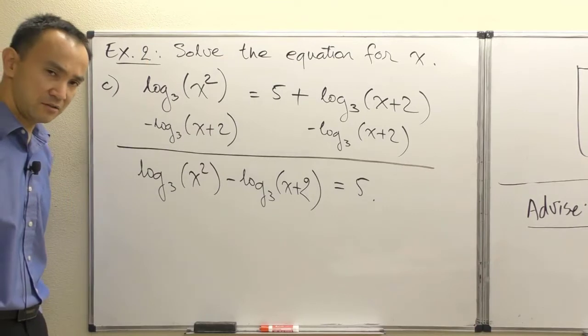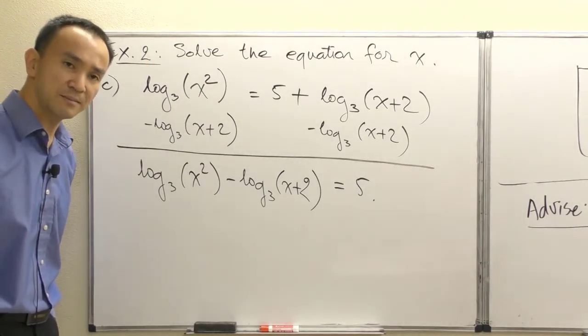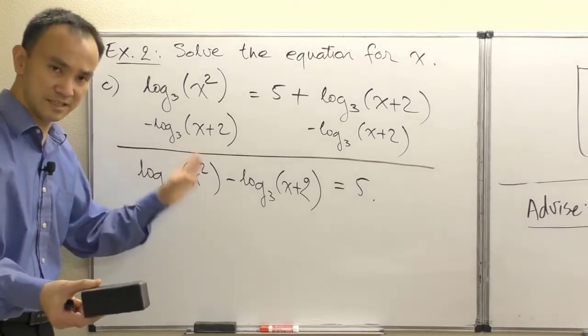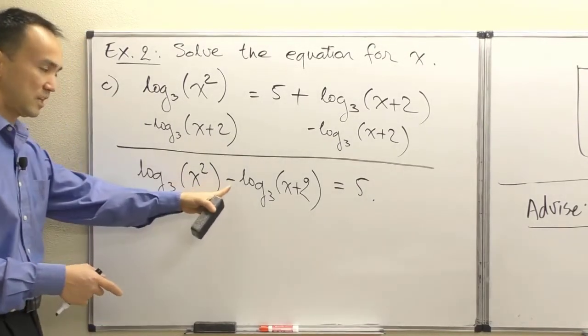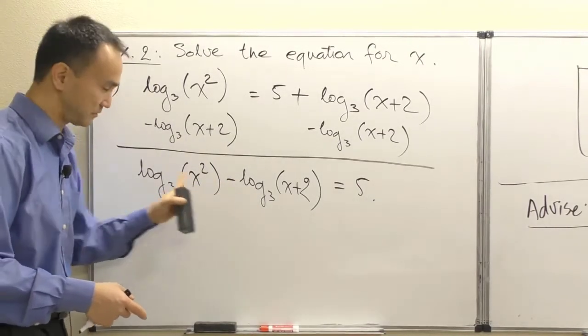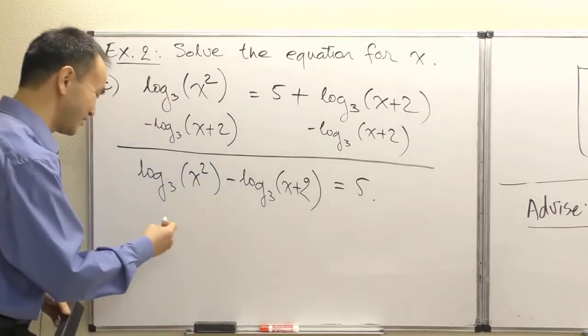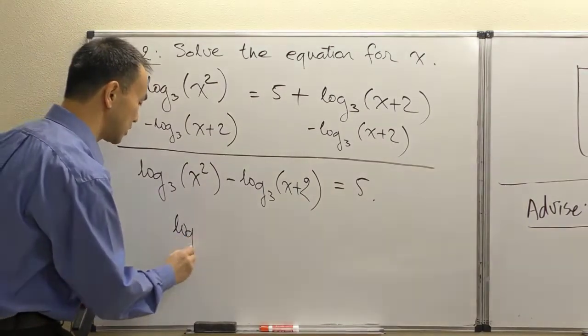Now that we have learned the properties of logarithms, we can apply some of those here. The difference of two log terms with the same base can be rewritten as one single log term, log base 3.